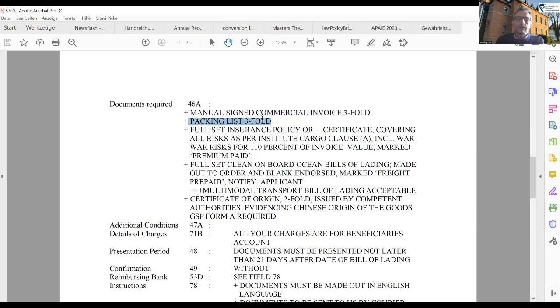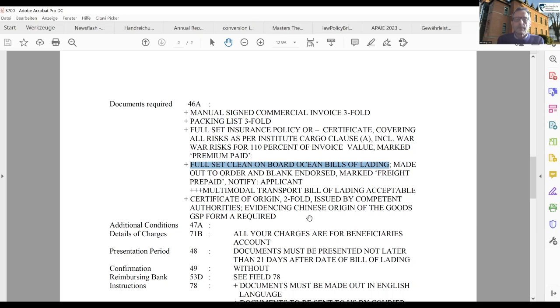Is that a full set clean on board ocean bill of lading, showing that the goods are shipped, and so on. And if the documents are correct, then the bank has to pay. It's a must.